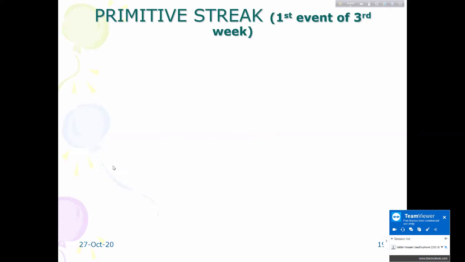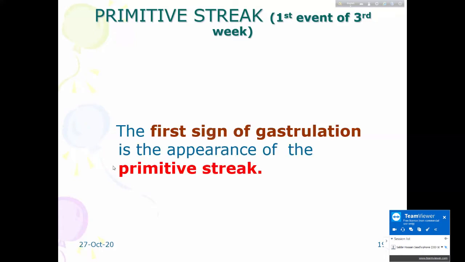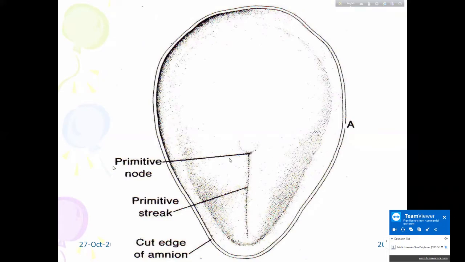Now I will talk about the primitive streak. This is the first event of the third week. I told you the first sign of gastrulation is the appearance of the primitive streak. This is the embryonic disc here.